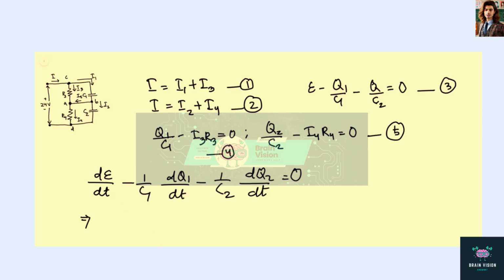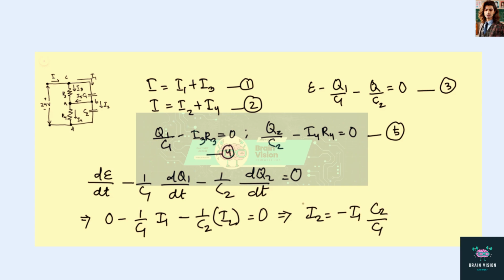One more thing: the EMF is a constant, so the derivative of this EMF is going to be zero. Now dq1 over dt is the current flowing through C1, which is I1, so we write I1 in place of that, and similarly dq2 over dt is I2. This gives I2 equal to negative I1 C2 over C1. So now we have one relation.